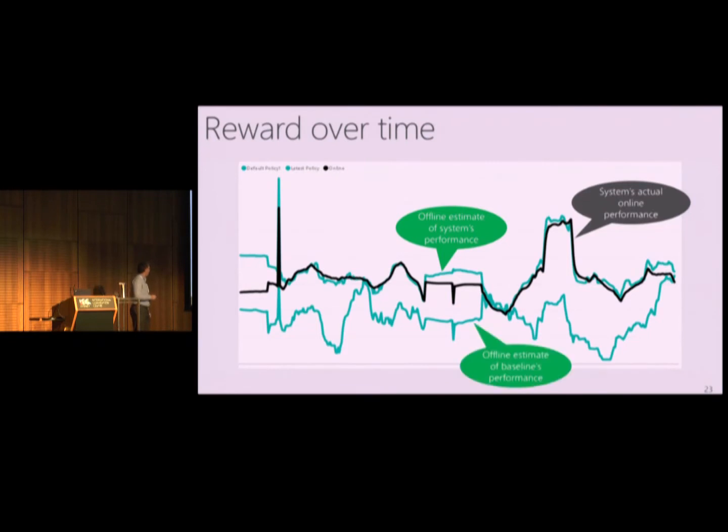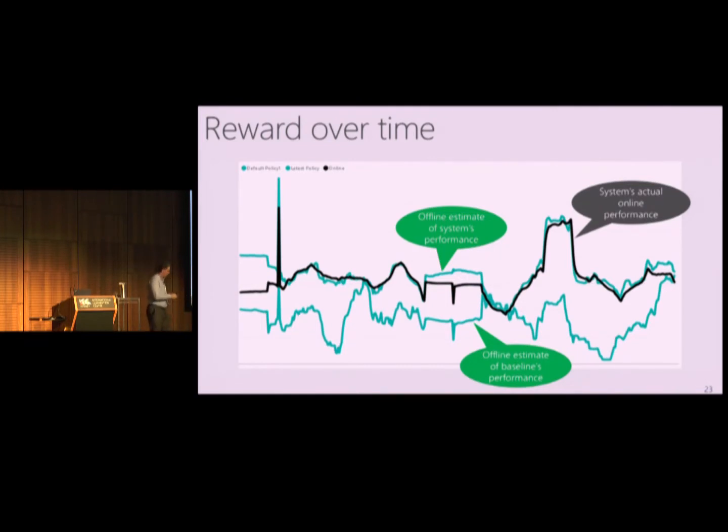And then at the same time, on the same data, we can evaluate some other baseline policy's performance. This is the time axis here. This is the value. Higher is better. Everything in this color is a counterfactual estimate.